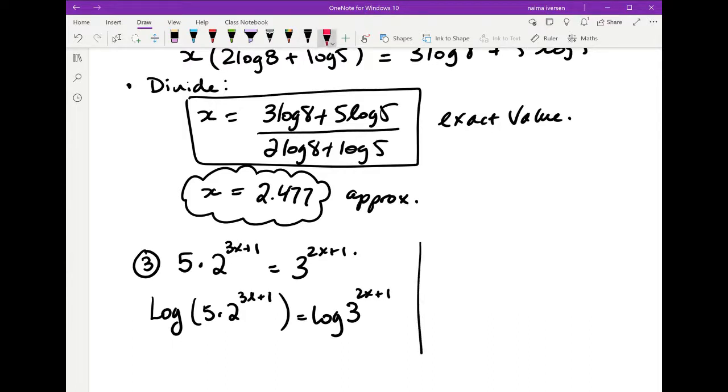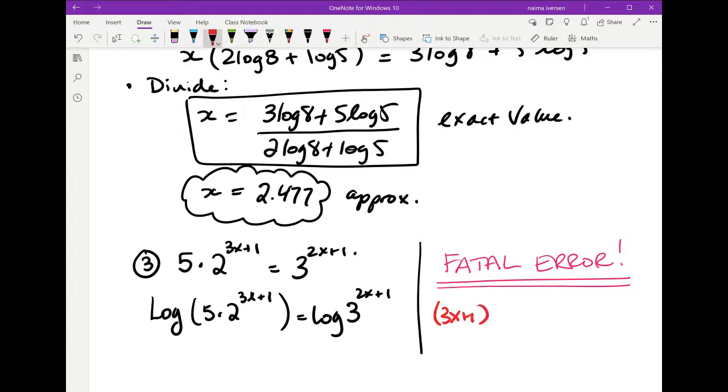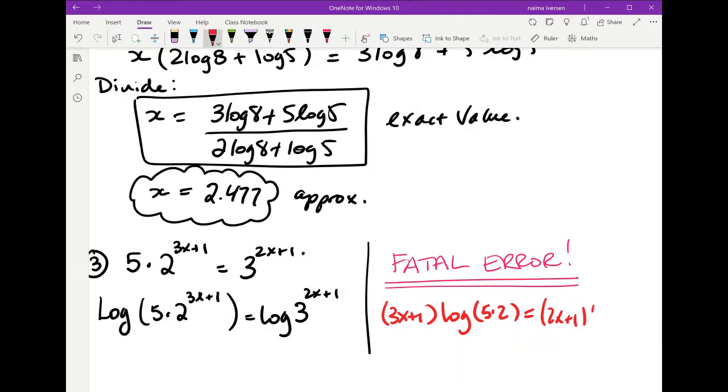Right over here, I'm going to show you what the fatal error is. Here is the fatal error. We can't really do much more from this. The fatal error is to bring the 3x plus 1 down in front at this point of log of 5 times 2, and the 2x plus 1 in front of log of 3.